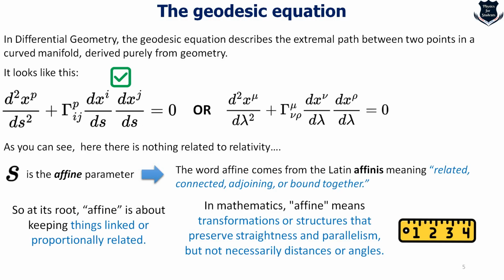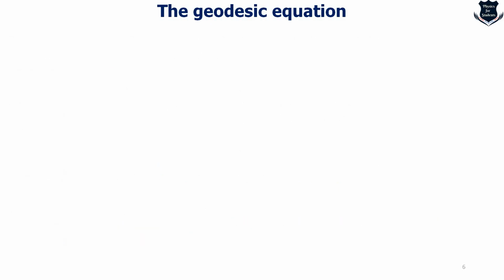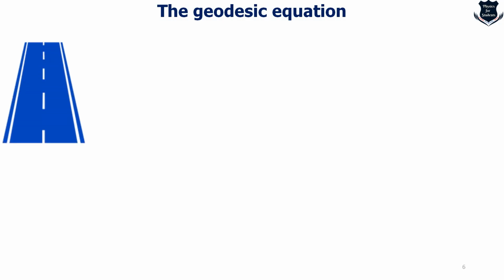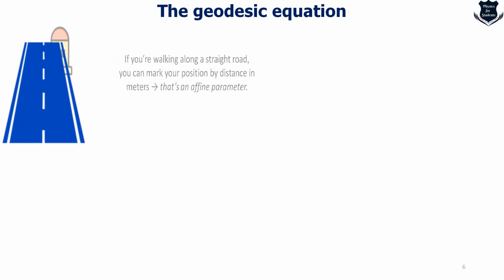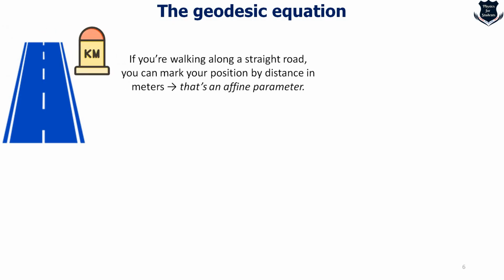It doesn't matter what units you use as long as they increase uniformly along the path. Each point on the curve is tagged with a value of this parameter, which we call the affine parameter. Let me give you a visual example which will make the concept of affine much clearer. For example, if you're walking along a straight road, you can mark your position by distances in meters, and that can be called an affine parameter.